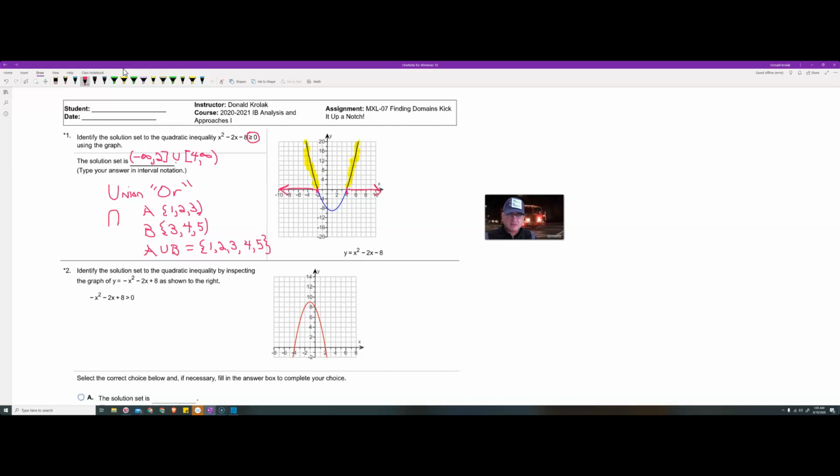I only have to list 3 once. If I asked you what's the intersection of A and B, then that's going to be the value that is in both. So that's when we use intersection, but that doesn't have any application with what we're doing right now. So that's what these symbols stand for.